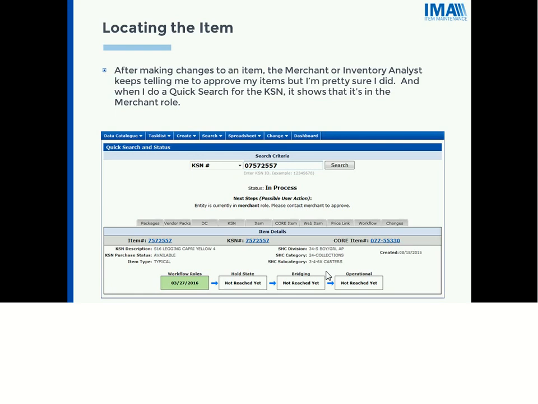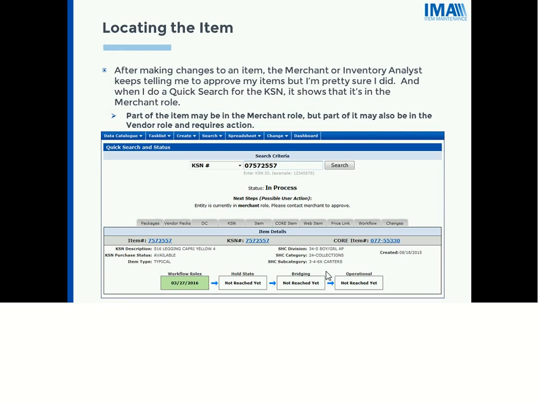So if that ever happens, you need to take a deeper look at your item, and you can do that again by clicking the Changes tab. Because if you remember on Monday, we talked about how there are different parts to your item, different pieces or components. You have your item, your KSN, your vendor pack, your package, and your core item number. And there's more pieces to it even, but the other pieces aren't really too relevant to you as a vendor.